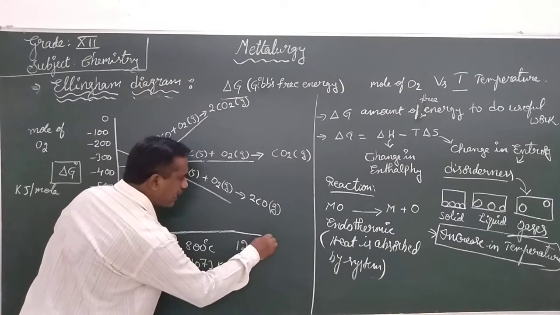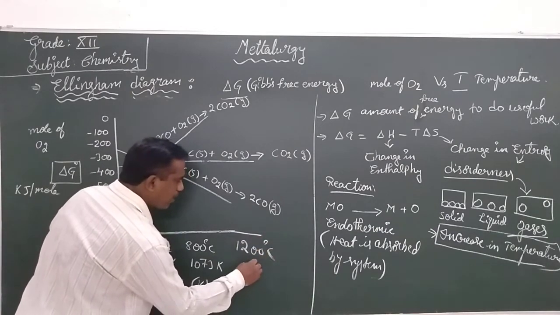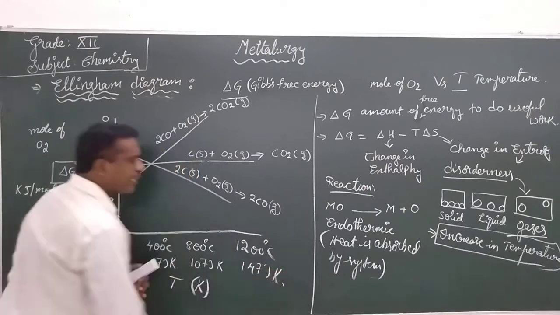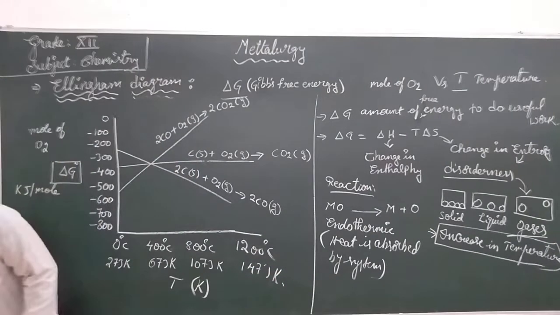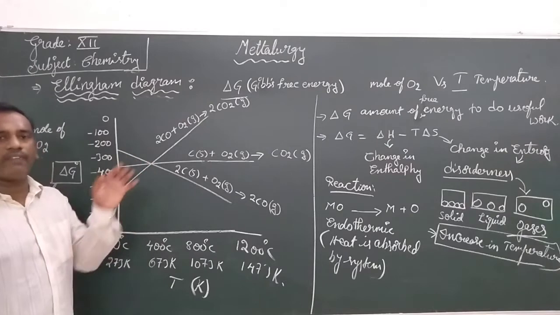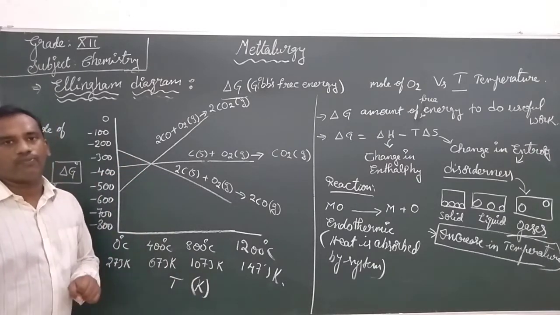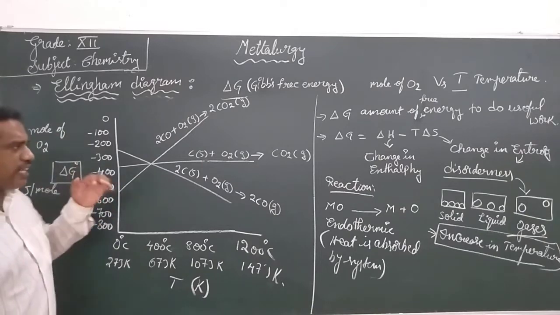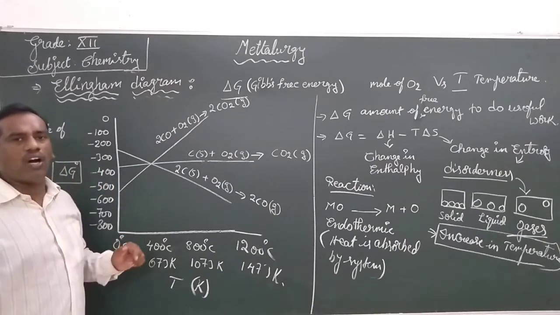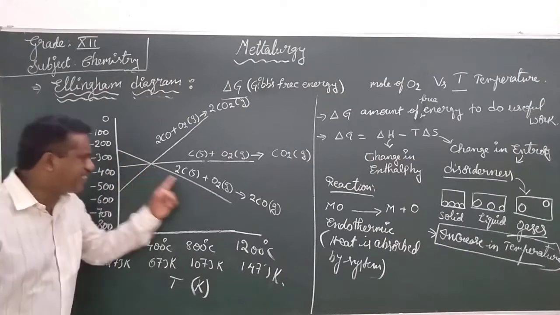1200 degrees Celsius is expressed as 1473 Kelvin. So the Ellingham diagram is drawn between Gibbs free energy versus temperature. But in this diagram, you will come across different lines.